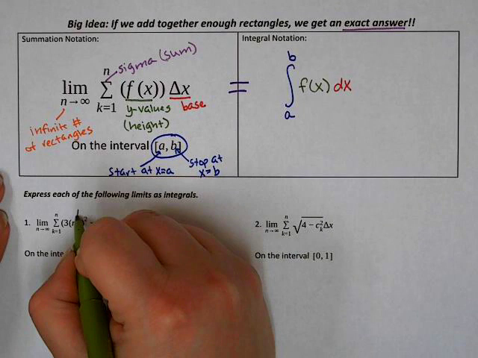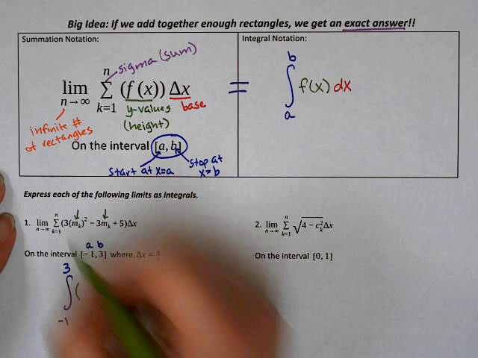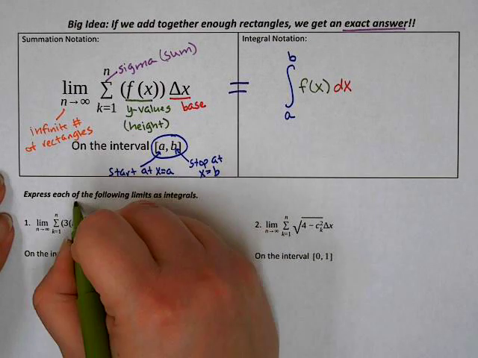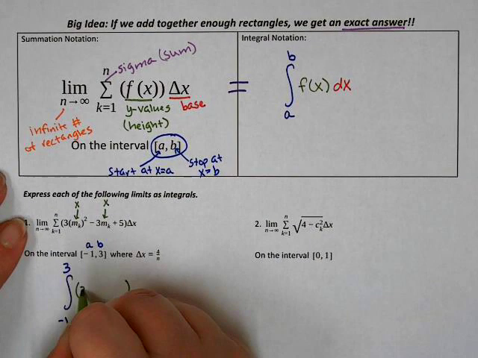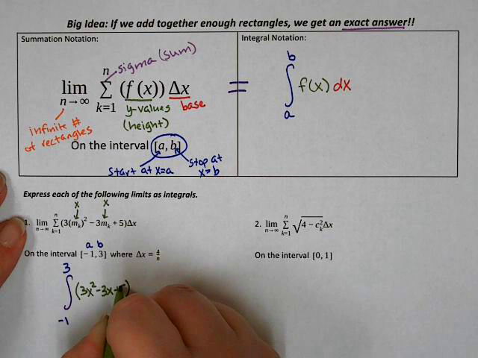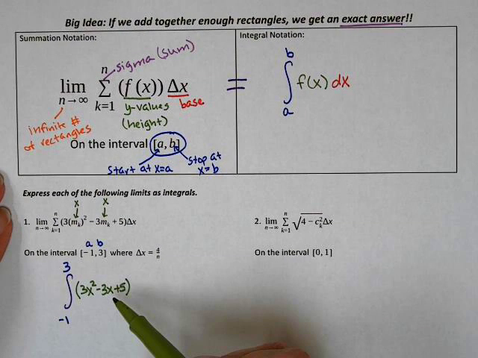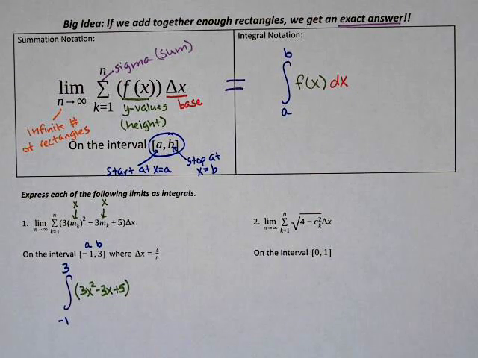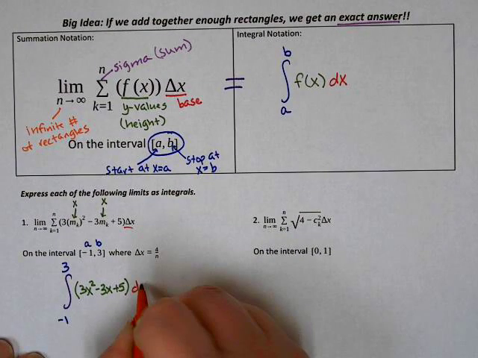So really, when we switch to integral notation, we're going to get rid of that weird m sub k and we're just going to put in an x. Which means that this function is really just 3x squared minus 3x plus 5. We're taking out that weird notation and simply putting in x because we're talking about f of x. And then we need to close out our integral and make sure we show that we've got a dx at the end.